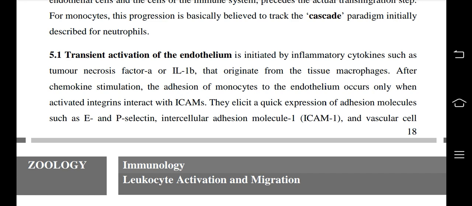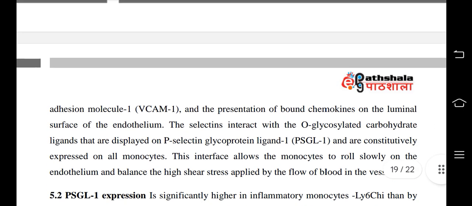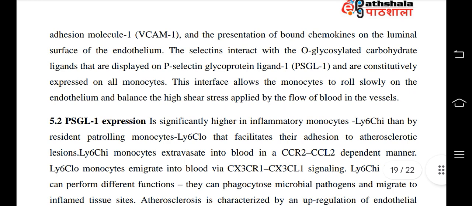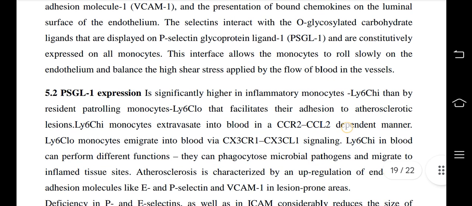They elicit a quick expression of adhesion molecules such as E- and P-selectin, intercellular adhesion molecule ICAM, and vascular cell adhesion molecule 1, VCAM, and the presentation of bound chemokines on the luminal surface of the endothelium. The selectins interact with the O-glycosylated carbohydrate ligands that are displayed on P-selectin glycoprotein ligand 1, which is constitutively expressed on all monocytes.